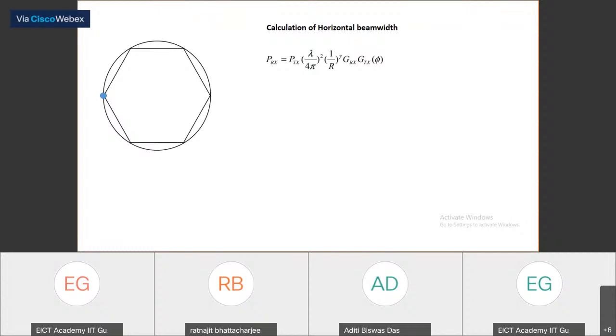Grx is the gain of the receiving antenna, and Gtx of phi is the gain of your base station antenna at a particular angle. That's why I discussed this issue of gain somewhat elaborately again, to say that when you say gain, only gain, you mean the maximum of the gain function. Now, if we consider a coverage region like this, what will be the objective?